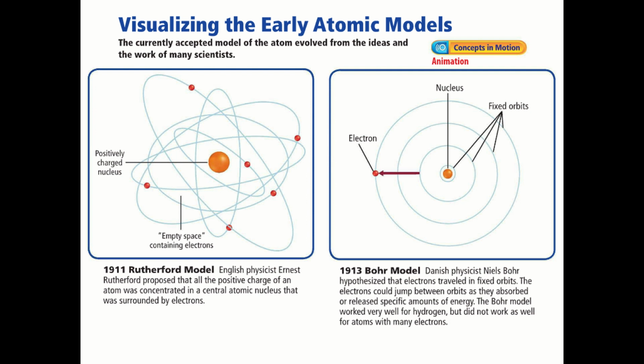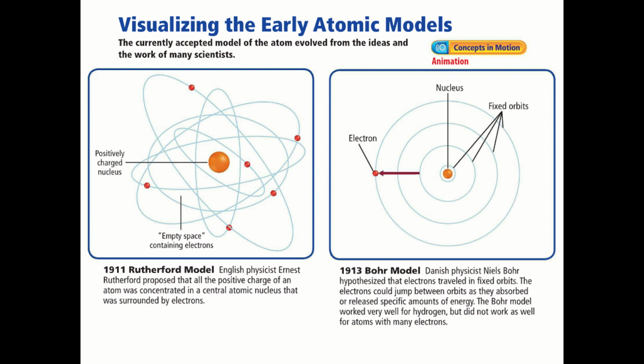Bohr used exactly the same model as Rutherford, but he said that electrons should exist in specific places around the nucleus, and he called those specific places the orbits.